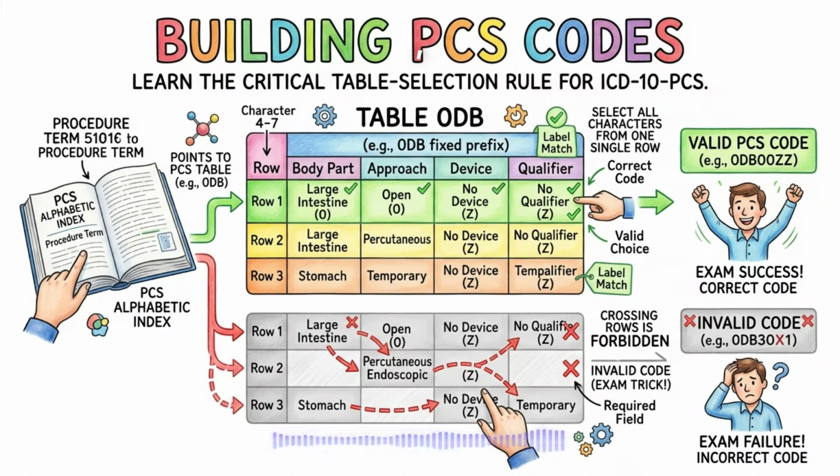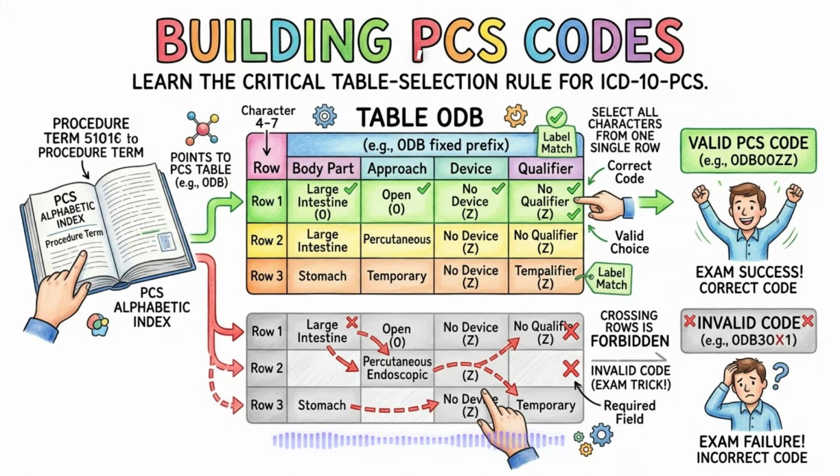However, the index does not give you a complete code like the diagnosis book does. Instead, it directs you to a specific table composed of rows and columns containing different character options. You must stay within a single row of that table to select the remaining characters needed to complete your 7-character code.